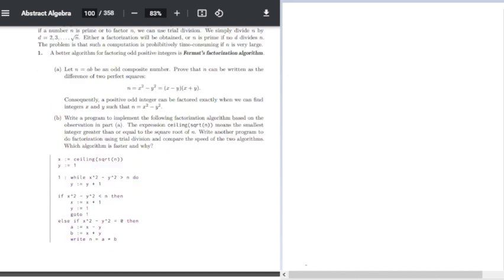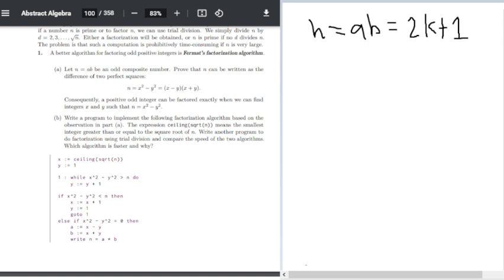So if n is... Yeah, I think we'll do these. These actually seem like fairly fun. So n equals ab is an odd composite number. So we have that n equals 2k plus 1. n can be written as the difference of two perfect squares, x minus y times x plus y.